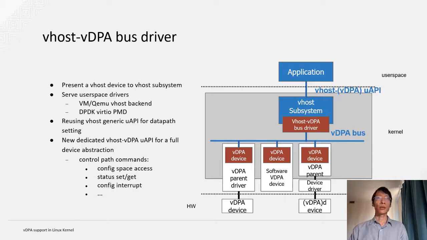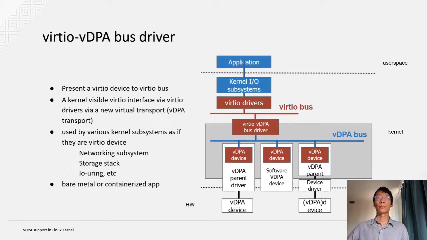Those uAPIs usually contain things like configure space access, device state get and set, config interrupt, etc. So traditional vhost-user applications only need very minimal changes. Then they can use the vhost-VDPA bus driver to control the VDP device as if it were a virtio device.